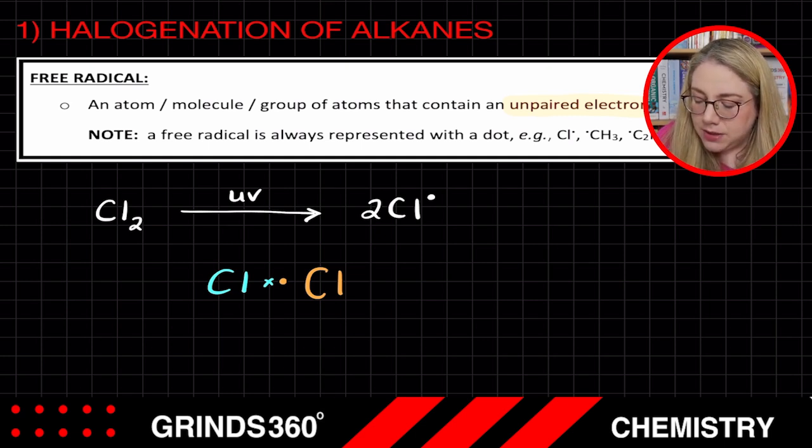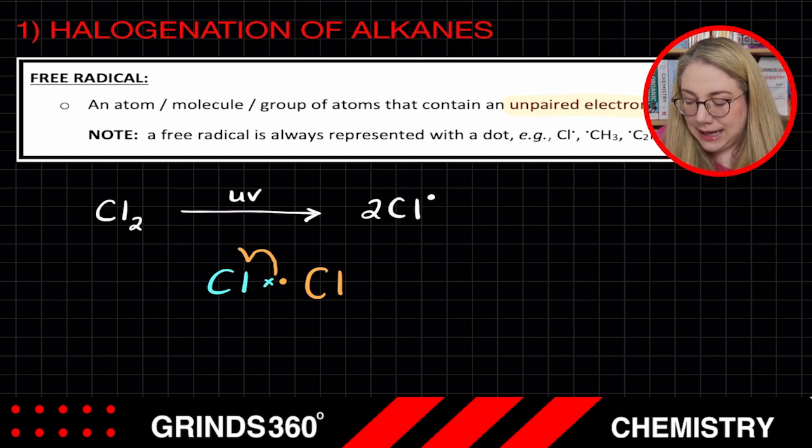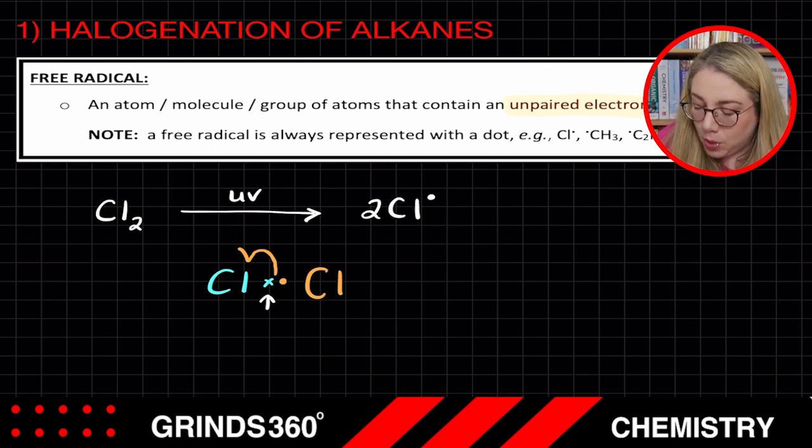Now, when this bond breaks, 1 electron goes to the atom on the left, and that's why that arrow is shown as a half-headed arrow. The arrow starts from the bond because that's where your electron was at the beginning of this type of mechanism. And it points towards the chlorine because that's where the electron went to. It went from the bond to the atom.